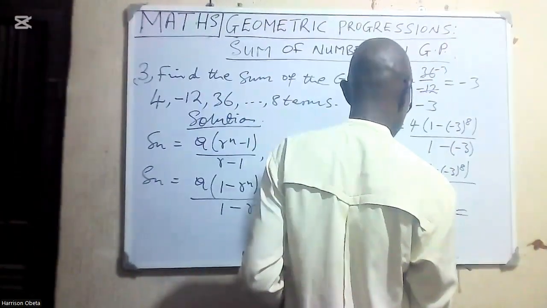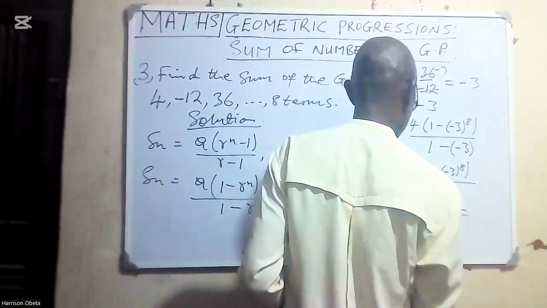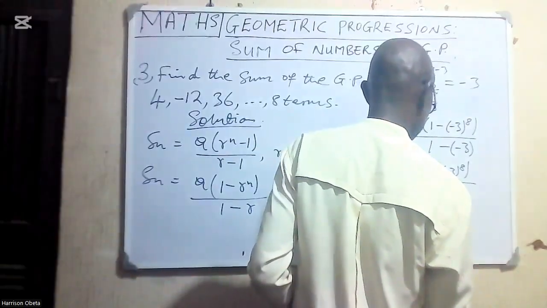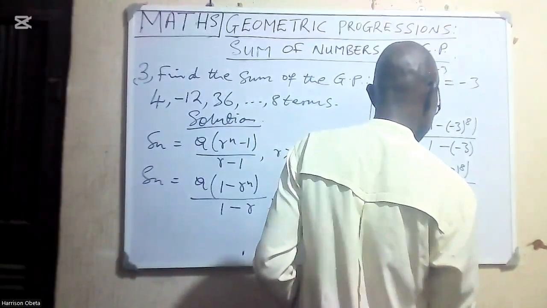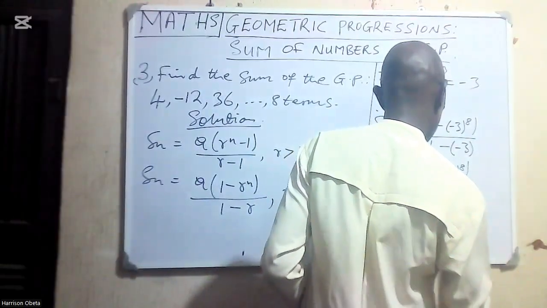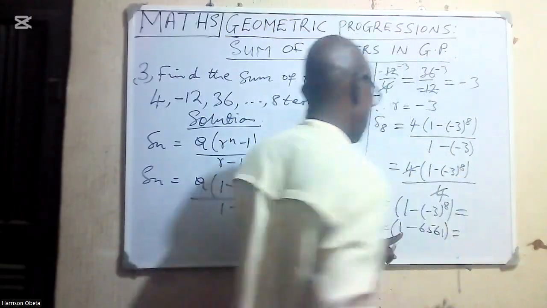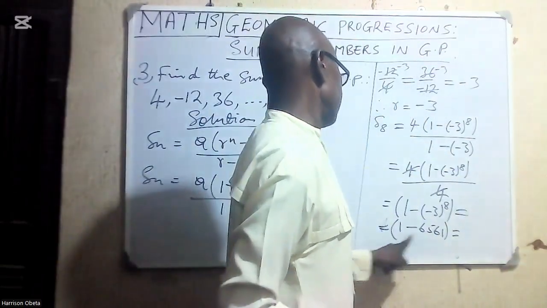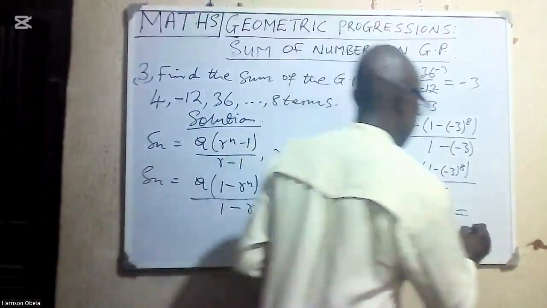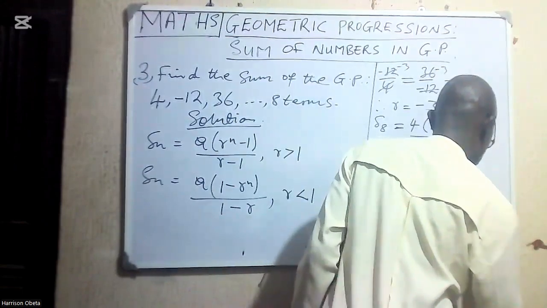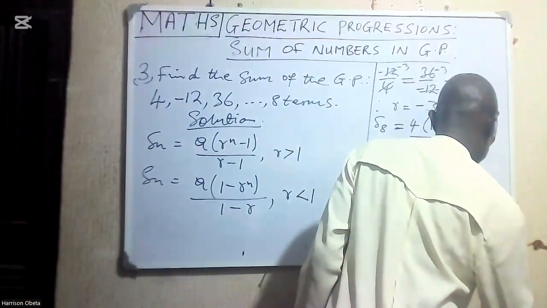So that will be 1 minus 6561. And finally, to carry out the subtraction, it will now be minus 6560.